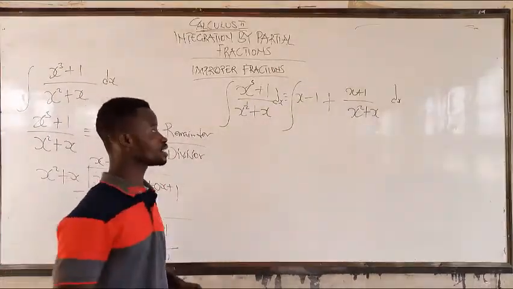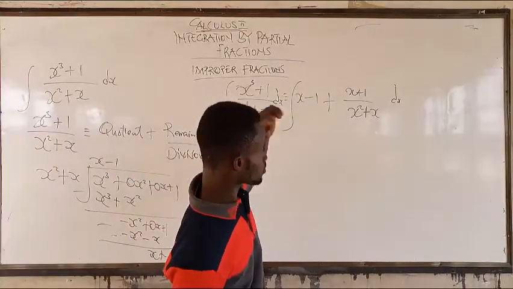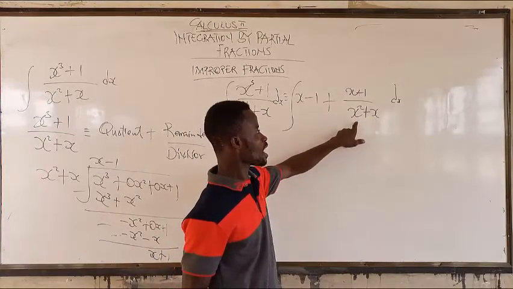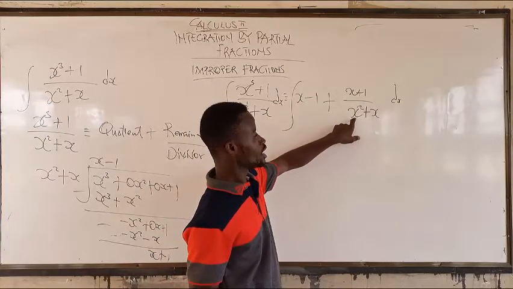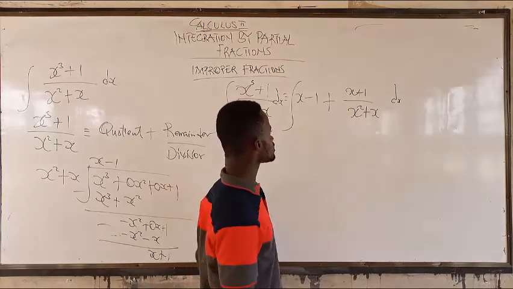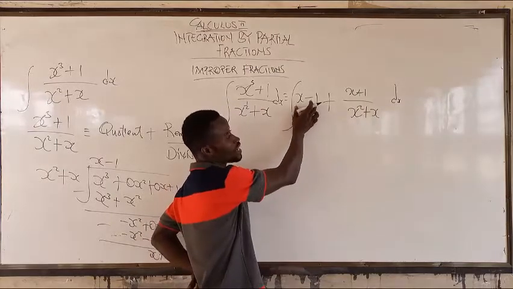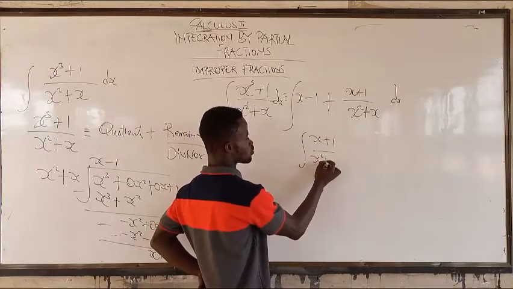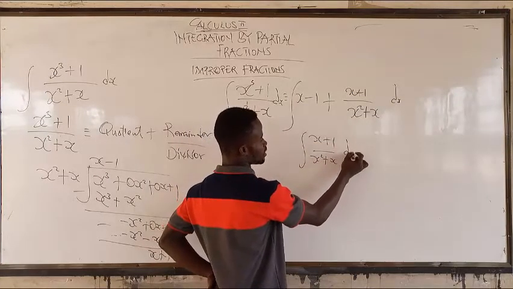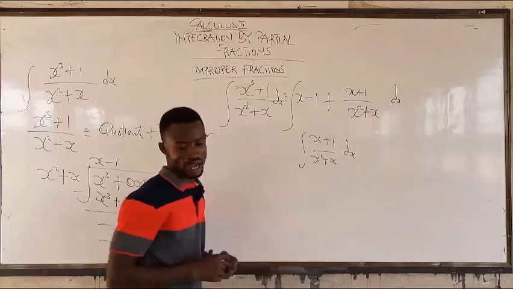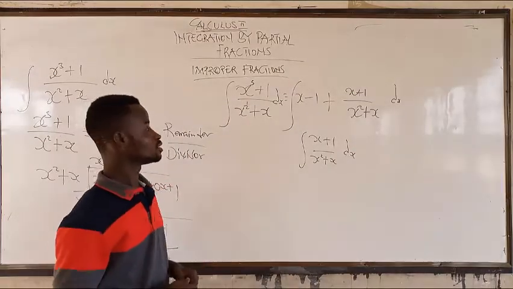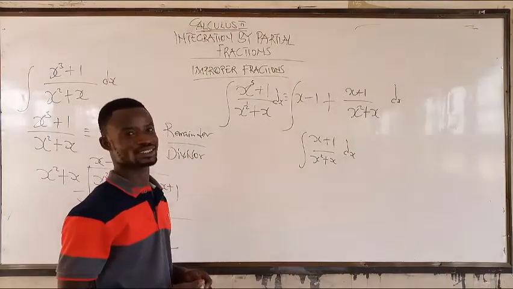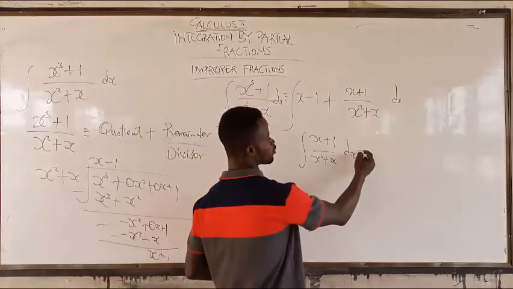But look at something here. What we have here is improper. You see, to integrate is no problem, but to integrate s plus 1 over s squared plus s dx, it's going to be somehow complex. Even if you know how to split it.